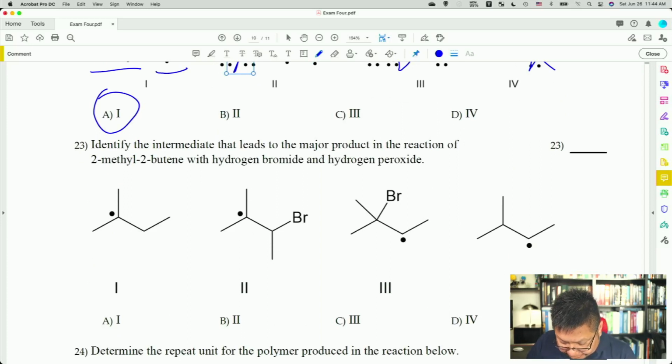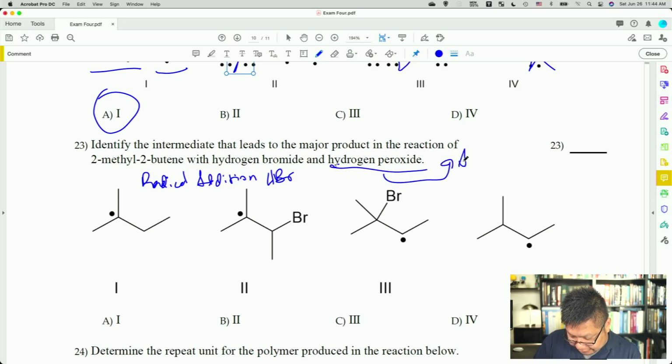Next, identify the intermediate that leads to the major product in the reaction of 2-methyl-2-butene with hydrogen bromide and hydrogen peroxide. We have a couple things to notice here. This is going to be a radical addition of HBr, not just bromine. And then we have hydrogen peroxide, and that always gives us an anti-Markovnikov addition.